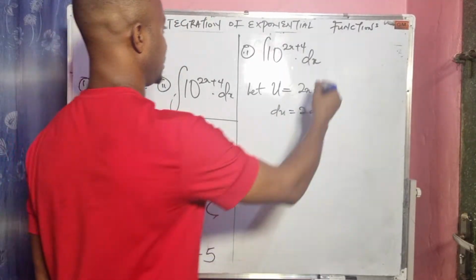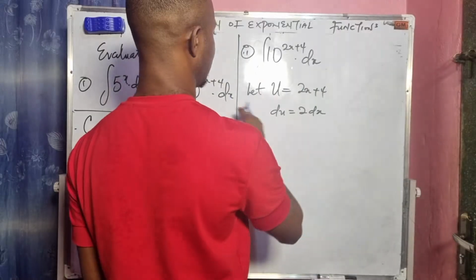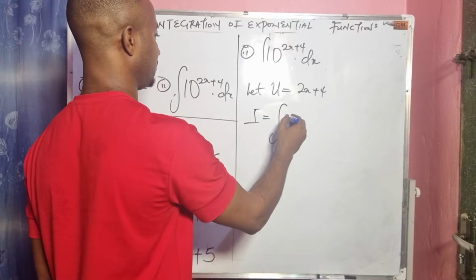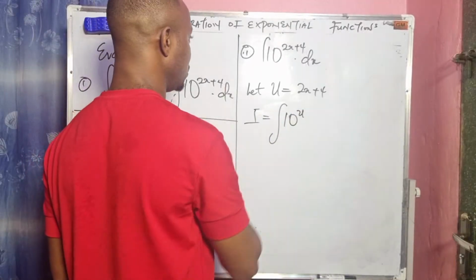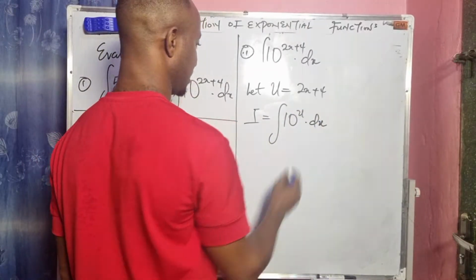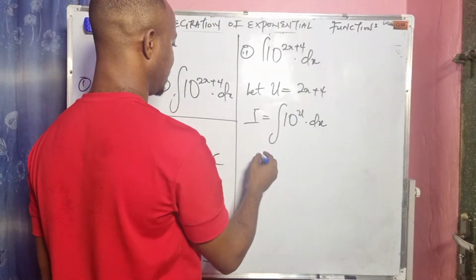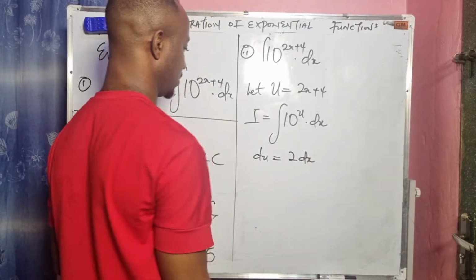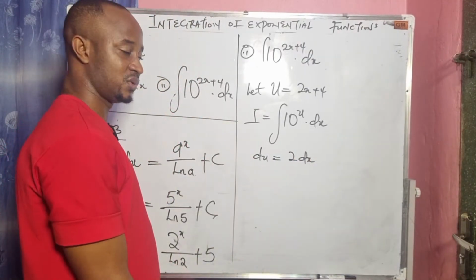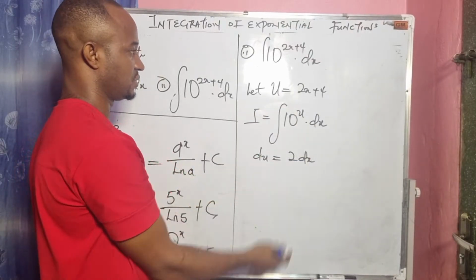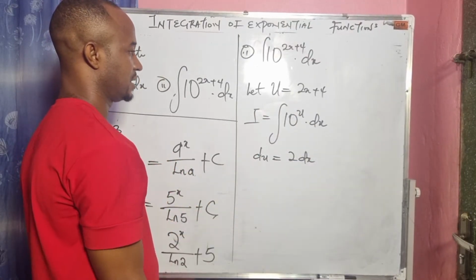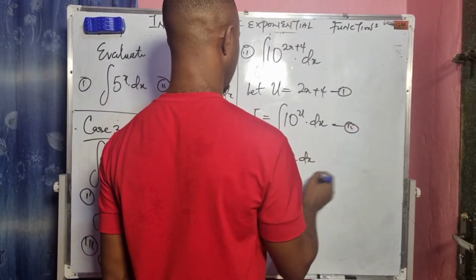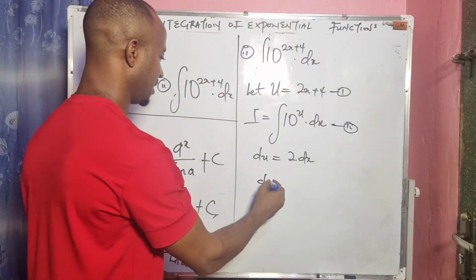So our integral equals the integral of 10 to the power of u dx. Differentiating, we have du equals 2 dx; by now we should know how we got du as 2 dx, by differentiating this we have 2, then du equals 2 dx when we cross multiply. So this is our equation 1. This is our equation 2. Let's generate equation 3 by making dx the subject.